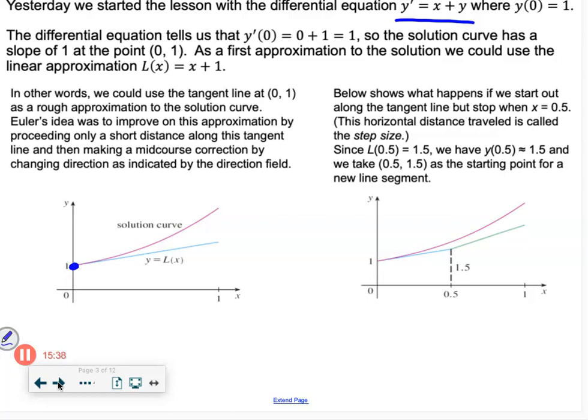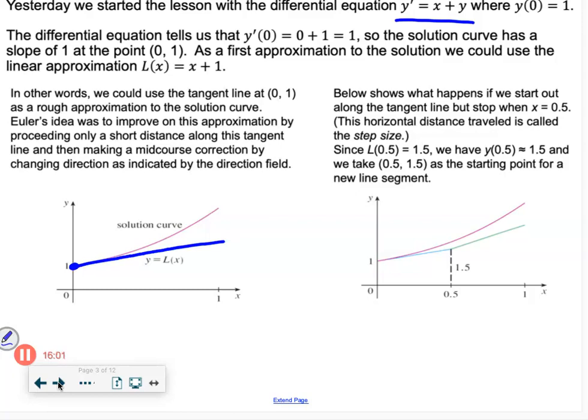We have a point, and we know the slope. We don't know the solution, but we know the slope. When we have a point and we have a slope, what can we find? We can find the equation of a line, right? So Euler said, you've got a point, you've got a slope. Let's find the equation of that tangent line, the line tangent to the solution at the point 0, 1.